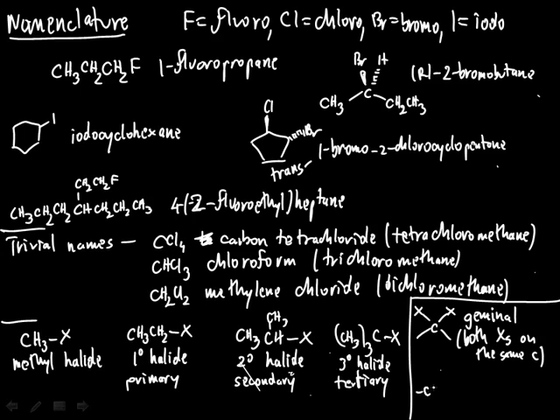Or in cases when we have halogen substituents on adjacent carbons, these will be the vicinal halides, where X's are on adjacent carbons. And this also comes from, if you speak Spanish, vecinos, which means neighbors, describing this relationship.